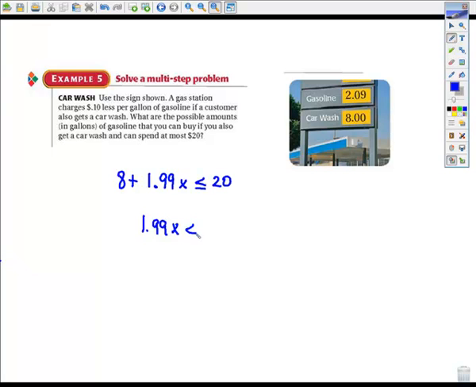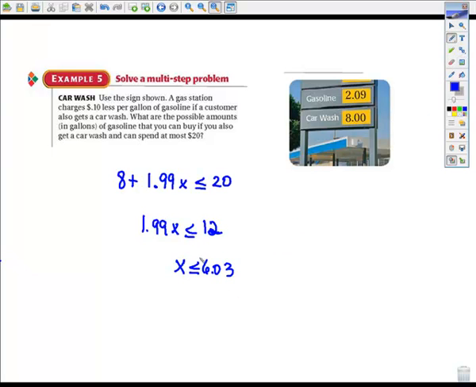x is less than or equal to 12. If I divide this by $1.99, I have 12 divided by $1.99, and x is less than or equal to 6.03.